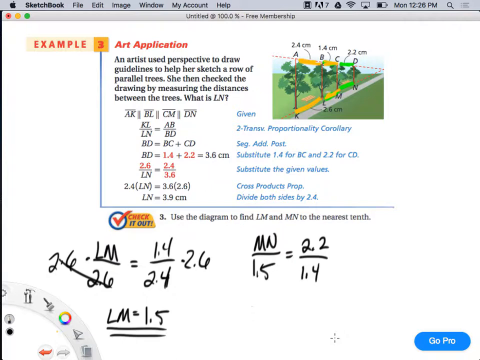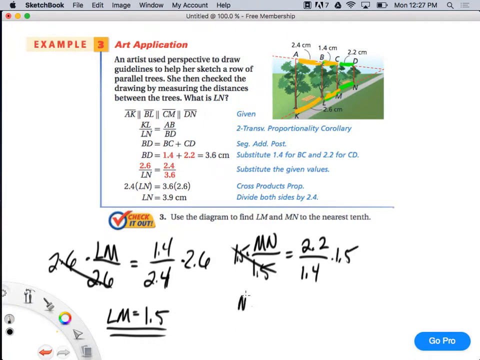So you see how each one of these lines splits this line and this line into different segments. Those are the ones that correspond to each other. Does that make sense? This corresponds to this, and this corresponds to this. So this one over this one equals this one over this one. You guys see that? Is that pretty clear? So you've got to find the corresponding segments. Oh, this corresponds to this, this corresponds to that. Okay? So you have to be able to see that. And then here I just multiply by 1.5.